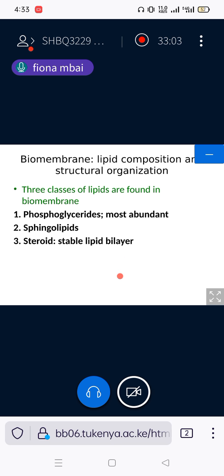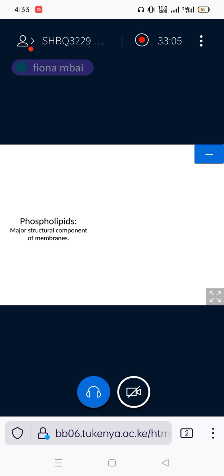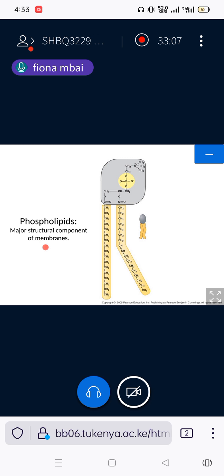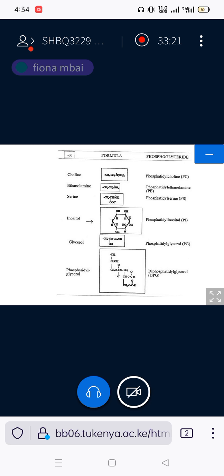To stabilize the lipid bilayer. So phospholipids are the major structural components. I gave you the structure, and you should know that it has two tails, and this is the double bond in here. And in here, the key component is the phosphate. Then you have the choline, the ethanolamine, the serine, the inositol, the glycerol.